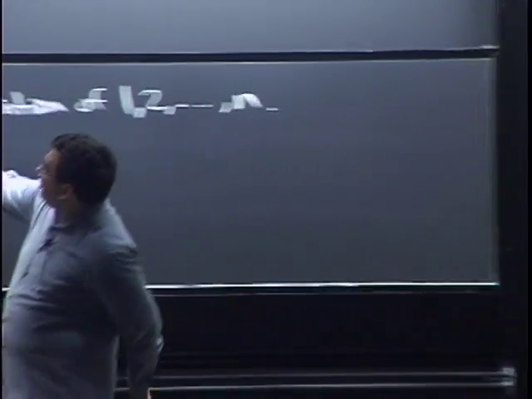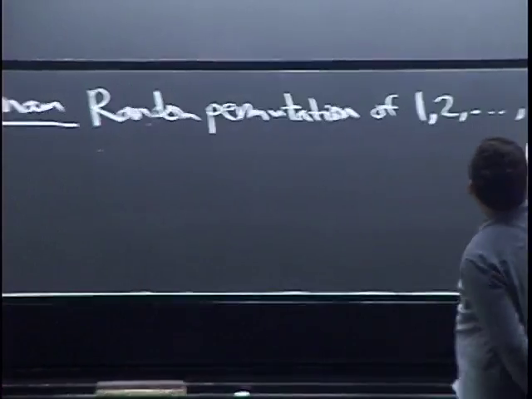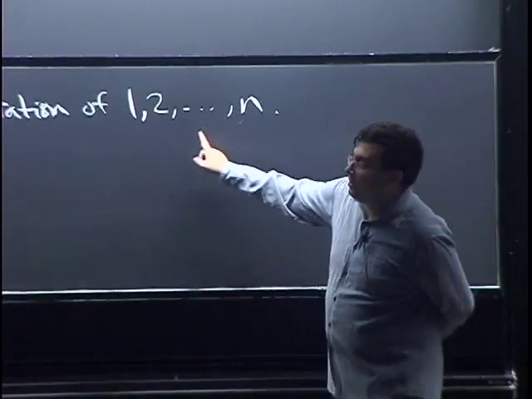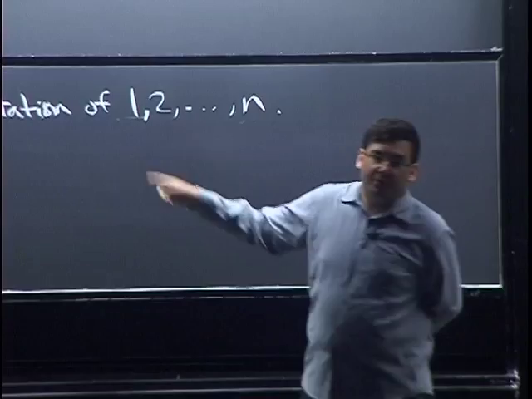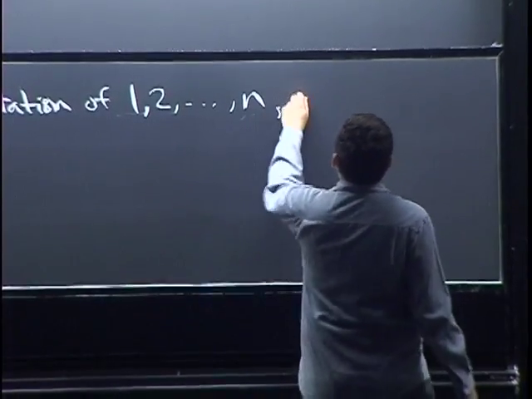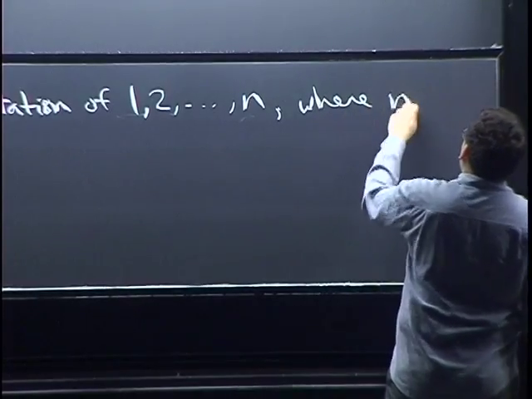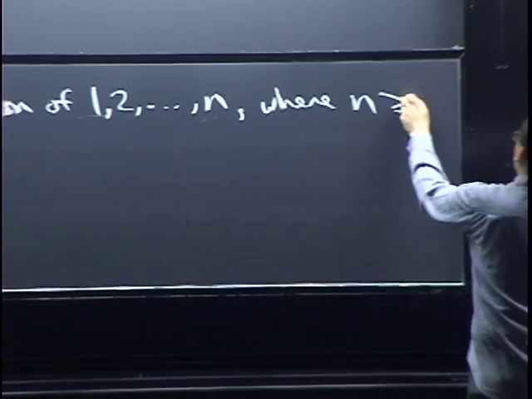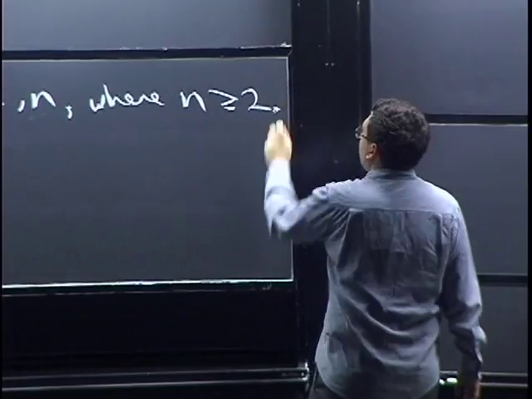You could use the naive definition of probability, although that would not be a good idea here. By random, they mean that all permutations are equally likely. So we take the numbers 1 through n and permute them in any order, all n factorial equally likely. And let's assume n is at least 2 to avoid some stupid cases.